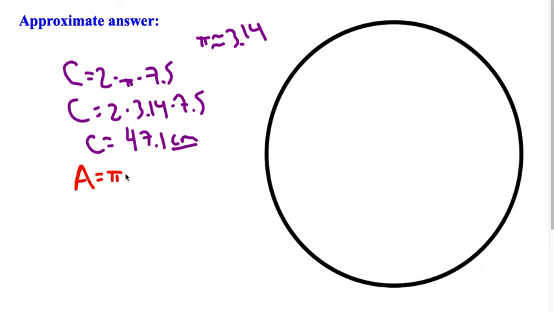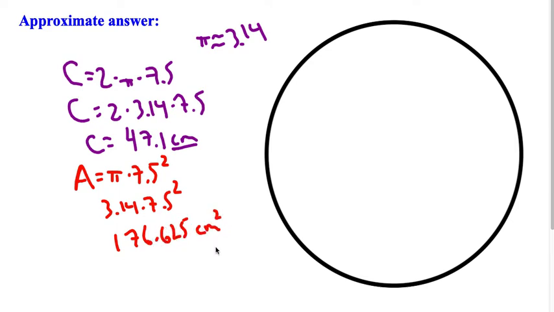So area would be pi times 7.5 squared, according to the formula, which is 3.14 times 7.5 squared, which is, in the end, a nice round 176.625, and because it's an area, centimeters squared.